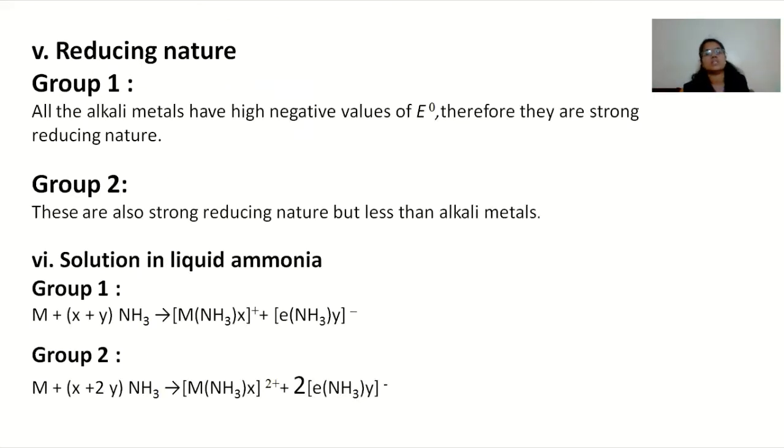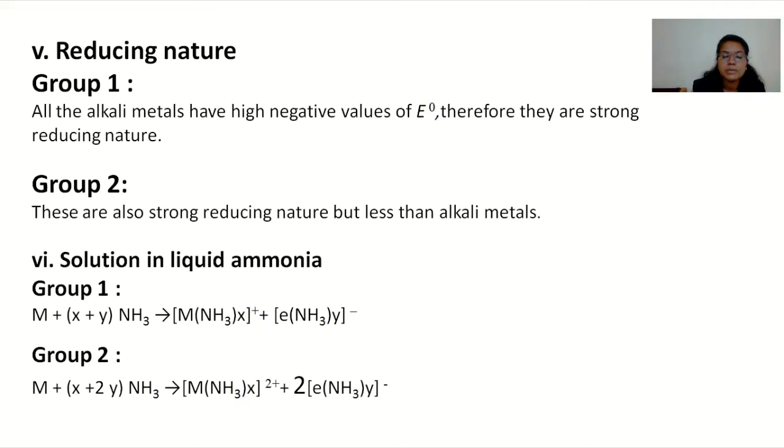Now reducing nature. In group 1, all alkali metals have high negative values of E0. The reducing power of an element is measured in terms of standard electrode potential, which has the symbol E0. It corresponds to the transformation of metal into metal ion and electrons.